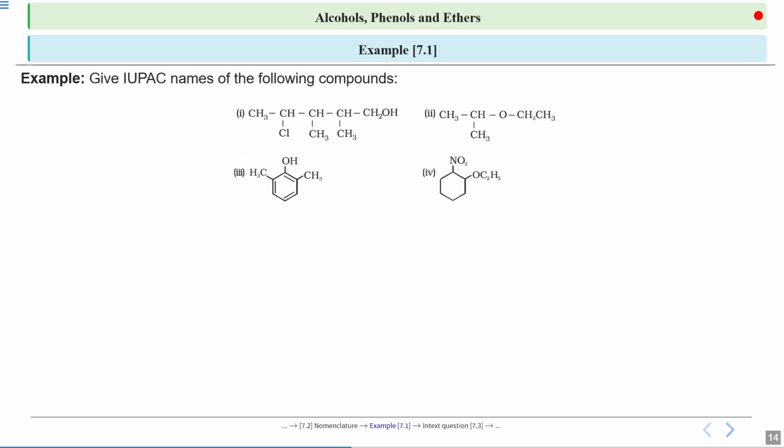Let's solve an example. Give the IUPAC names of the following compounds. So this is example 7.1, having 4 parts, and each part contains a structure or a compound. You have to name them as per the IUPAC nomenclature.